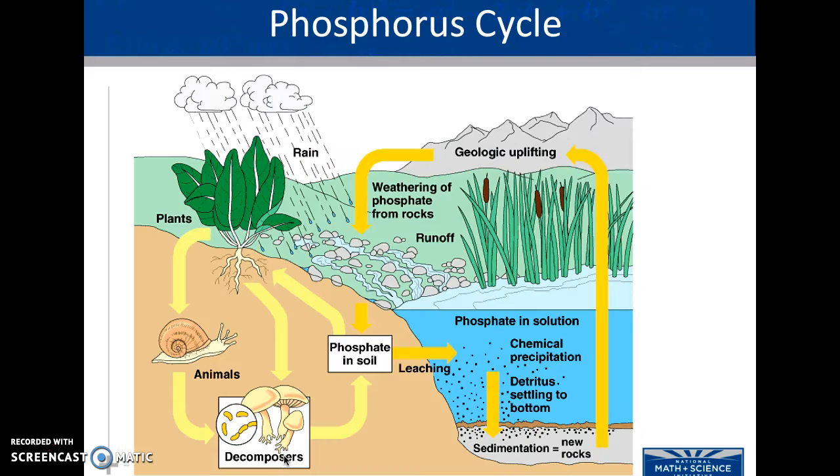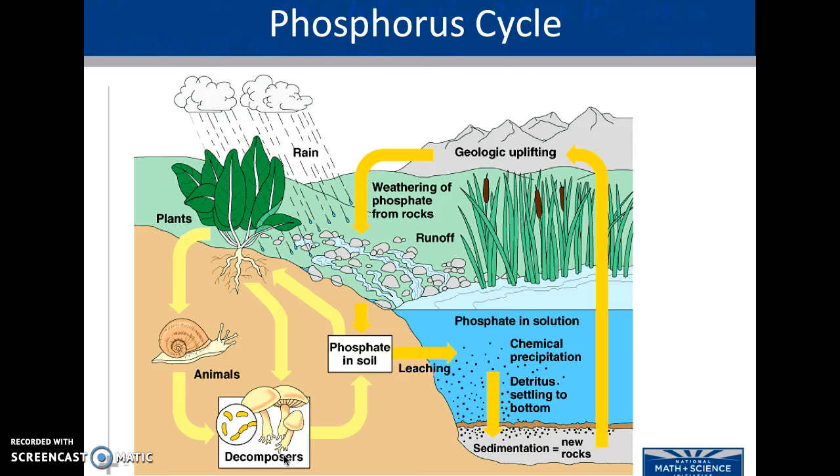In the phosphorus cycle, phosphorus is going to hang out in rocks pretty often. We see that there's basically two ways that phosphorus cycles. It is usually in mountains and like cliffs and things like that. It is released through weathering of phosphate from the rocks.